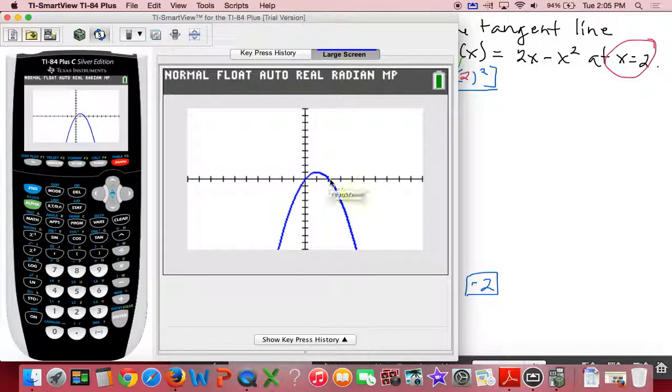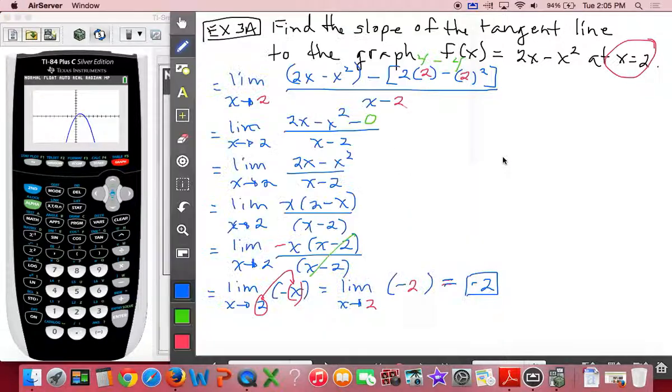Isn't this where x is equal to 2? If I were to put a tangent line, wouldn't it go in this direction? Isn't that a negative tangent line? Is it conceivable that it could be negative 2 for the slope of that line? Yes. So are there any questions regarding that and how it all correlates up to the average velocity and instantaneous velocity? It all rolls up together in one. Isn't that fabulous? I love it.